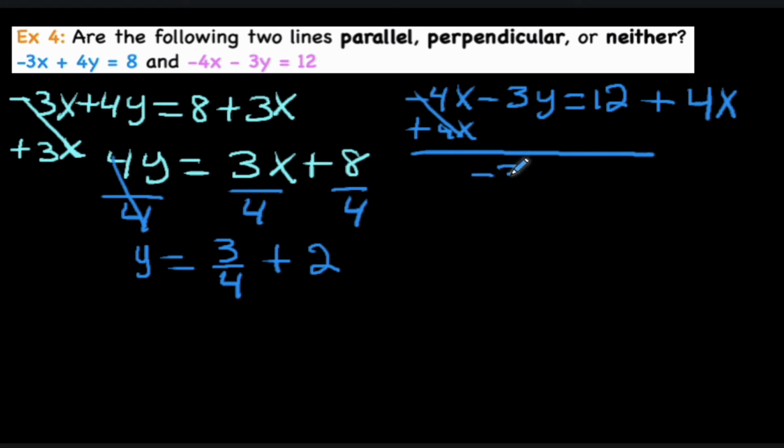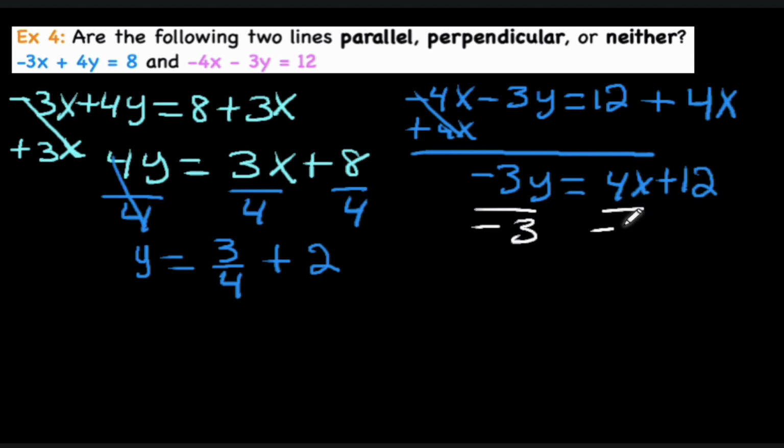We have negative 3y equals 4x plus 12. Okay, so we're going to divide by negative 3.